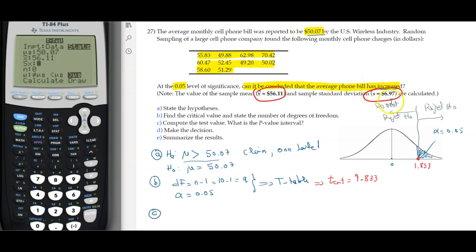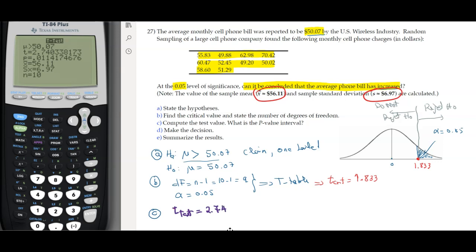The sx is 6.97, 6.97. The n is 10, and here you're gonna just write your claim, or HA. So the mean greater, so greater, you're gonna go right here, then mu0, enter, and then you're gonna go to calculate.